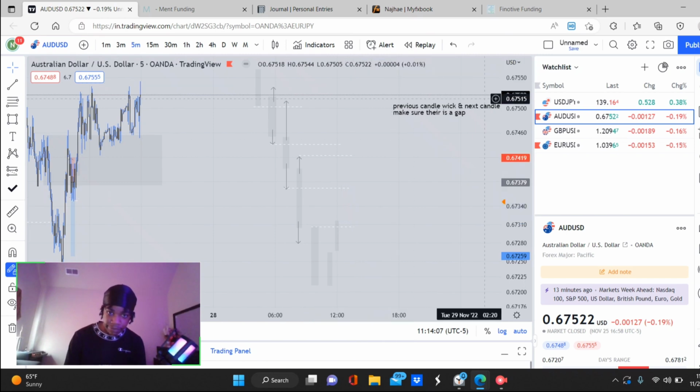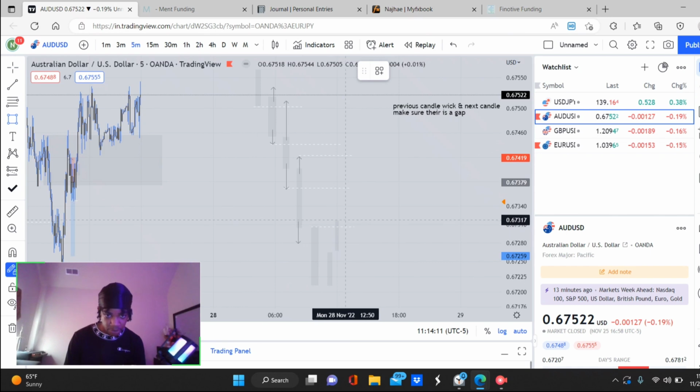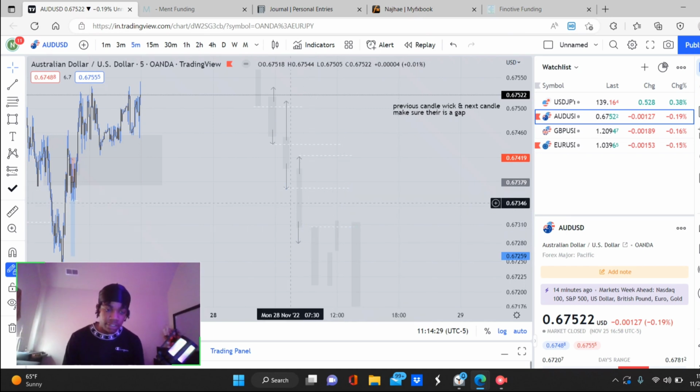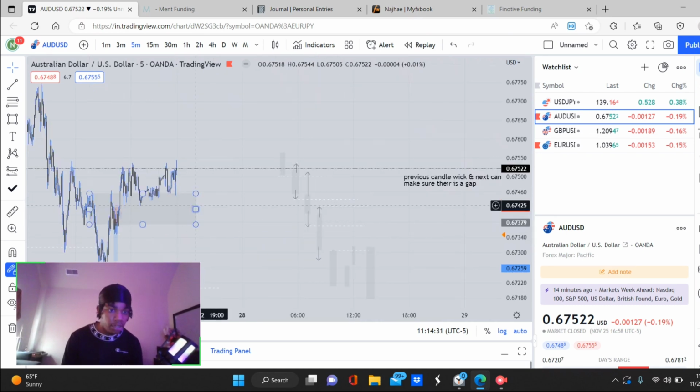If these candles weren't there, even if price stopped right here, even though it came up a little bit and still went down, this will still be valid because there's still some left within this gap. As long as price doesn't fill the whole thing, it's still valid for imbalance.